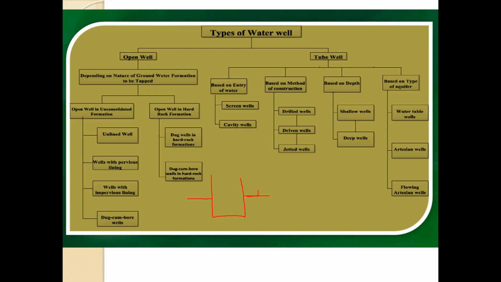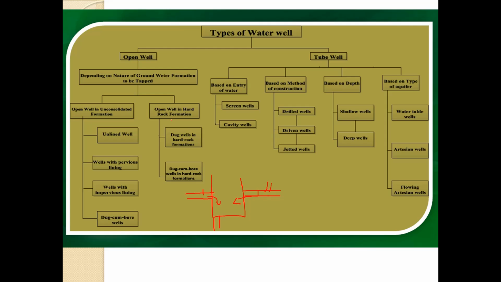Suppose this is the bore and this is also a bore. If some water spring is there, water will come into the well through this bore, or sometimes we can even bore in the downward direction also.